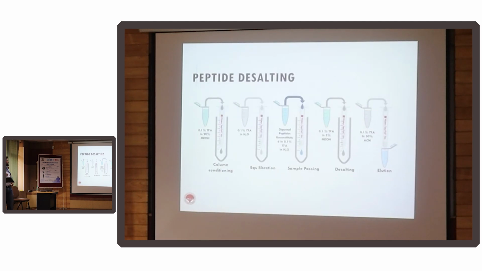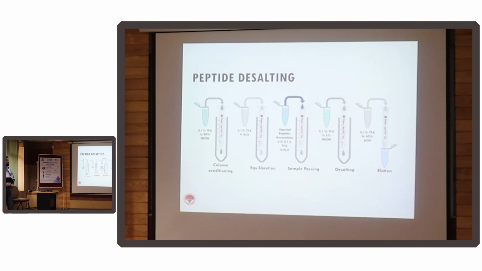What happens is the column will bind the peptides, right? It will bind the longer peptides, even the peptides that are shorter, and of course those of ideal length, like between 7 and 35.